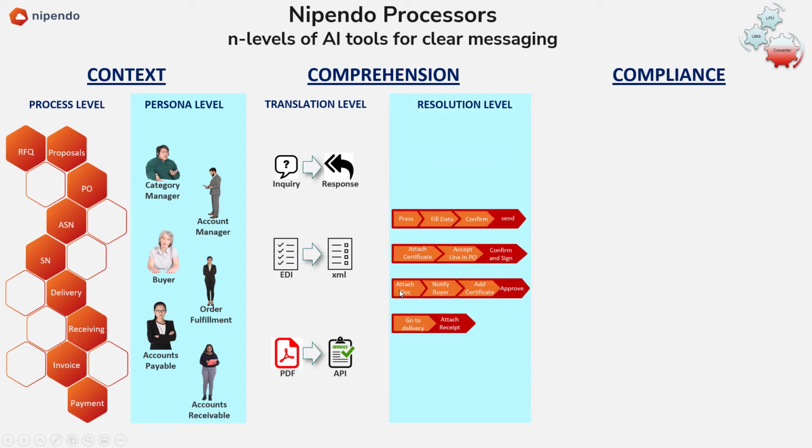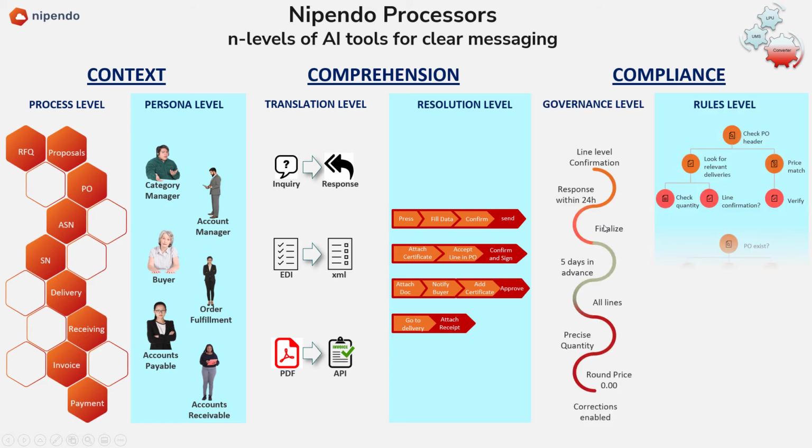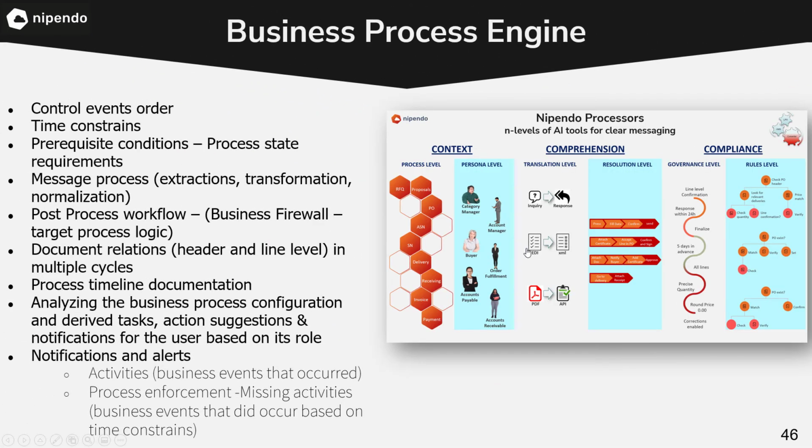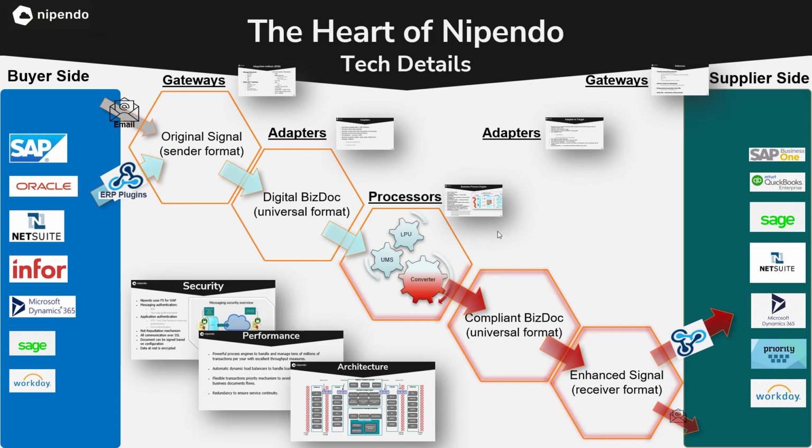There's also, if it's not totally comprehended, a resolution workflow that might need to go with that. And then there are rules that could be applied: governance level rules, rules around if-then, and a tree of rules that we can apply to different things based on the sender and the receiver and what their expectations are. So this is a very brief look into the patented part of our processing engine.